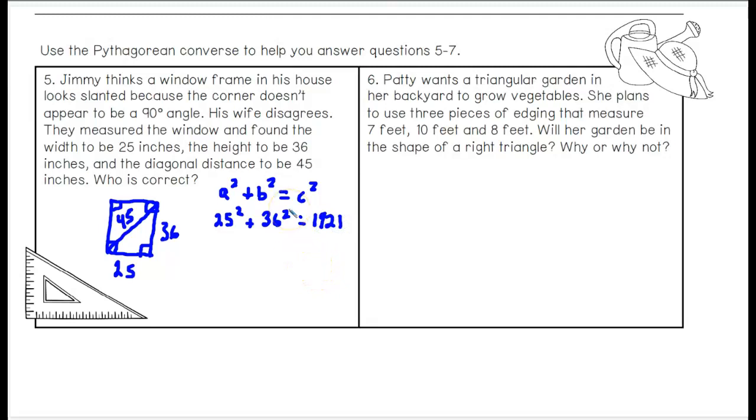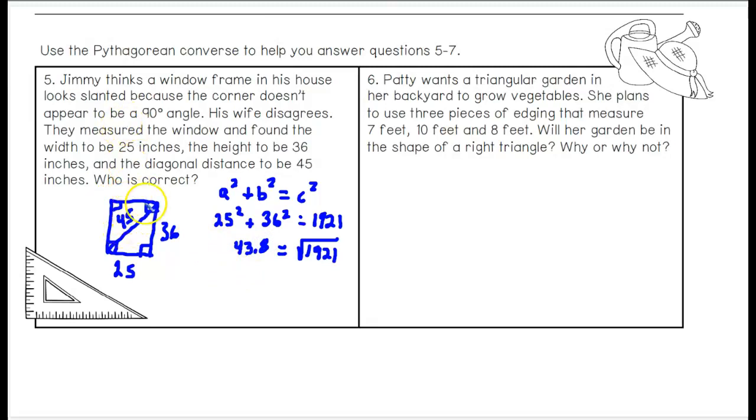I take the square root of that. The square root of 1,921 is approximately 43.8. That is not 45. So Jimmy's right.